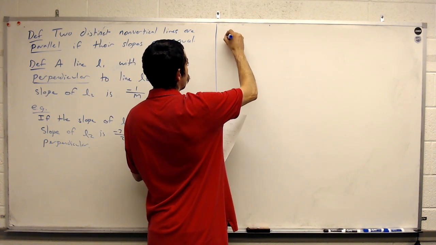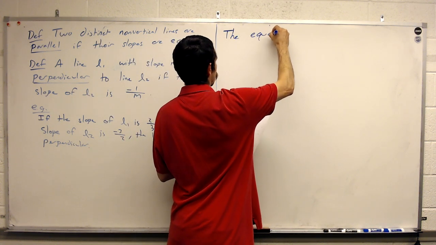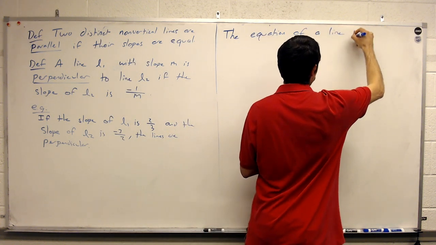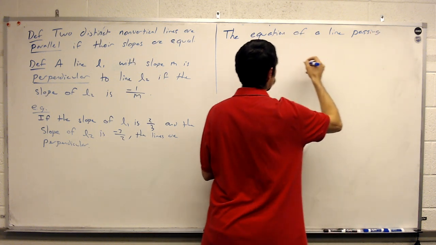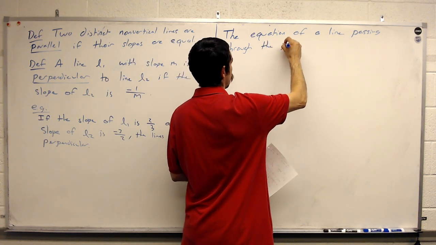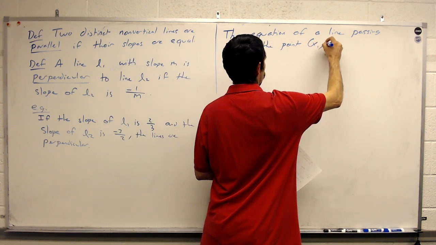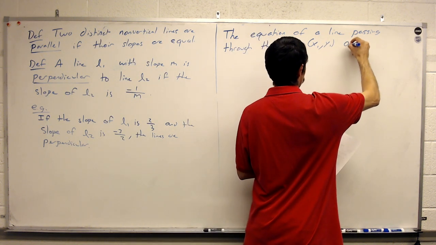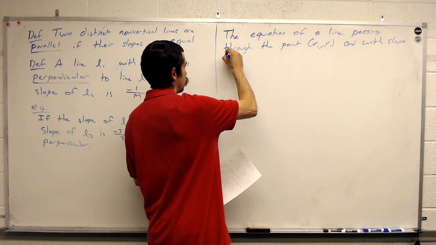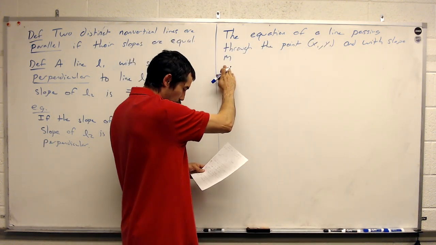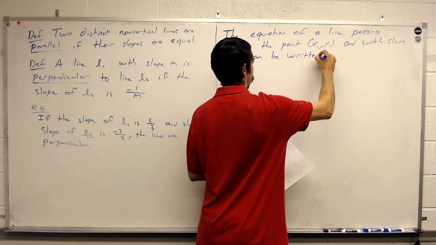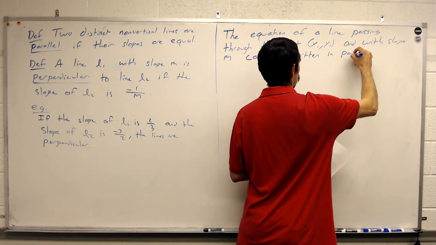So the equation of a line passing through the point x1, y1 and with slope m, so we have a point, we have a slope, can be written in point-slope form.